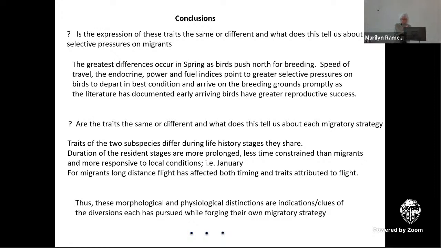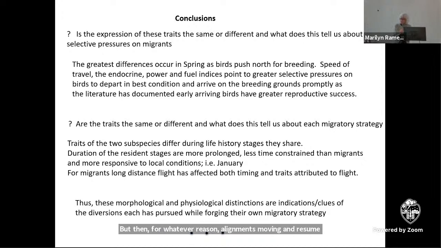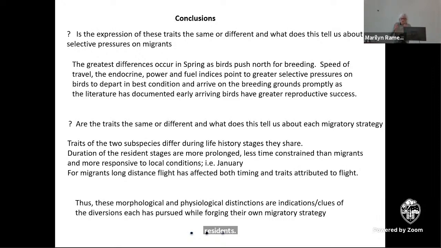So you have one ancestral form over time, of course we don't know much about it, but then for whatever reason, the migrants kept moving and the residents stopped moving, and then all the selective pressures of those particular environments on these two genotypes have pushed them further apart in terms of their physiology, behavior, morphology. So genetics probably not much.